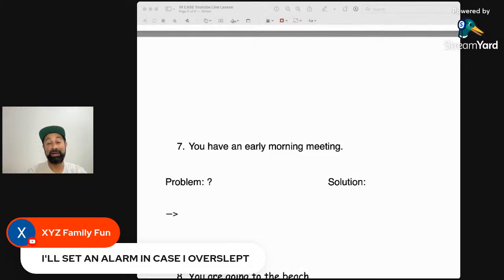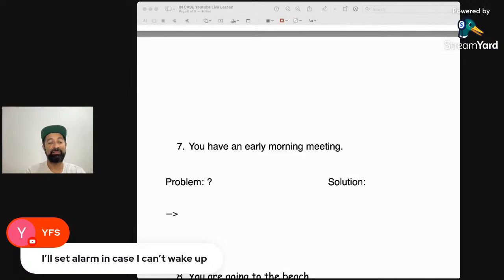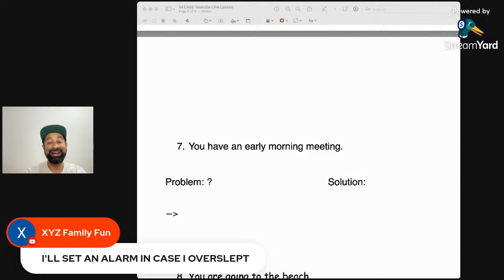Overslept is past tense. How do we fix that? What's the present tense? YFS, I'll set alarm in case I can't wake up. Also, almost perfect. If you look at XYZ's, I'll set an alarm. Yeah, we need to put an in front of alarm.